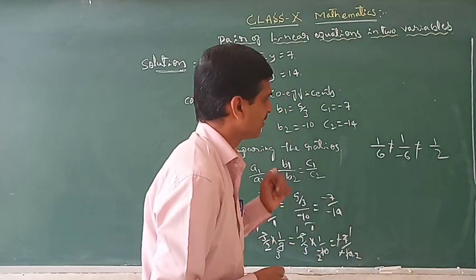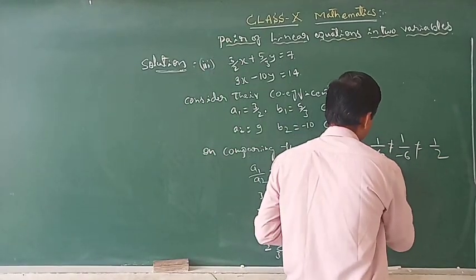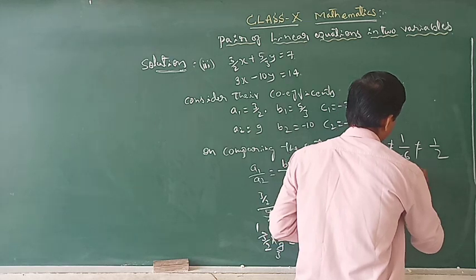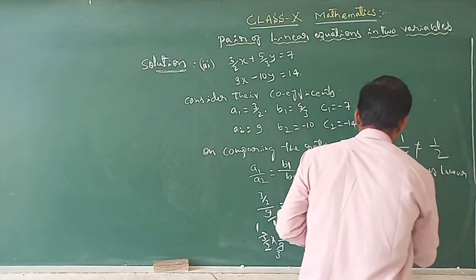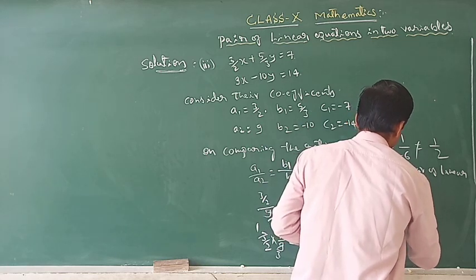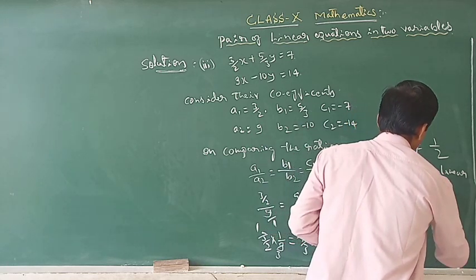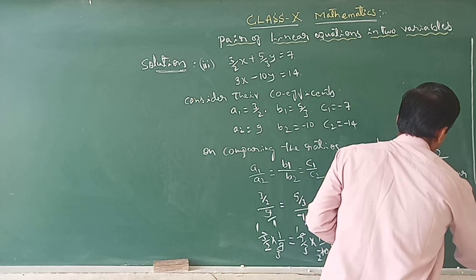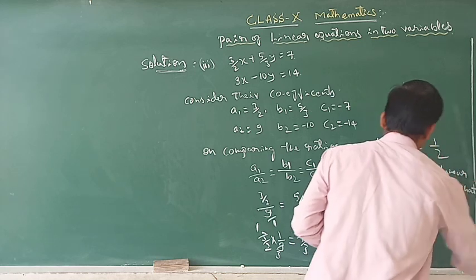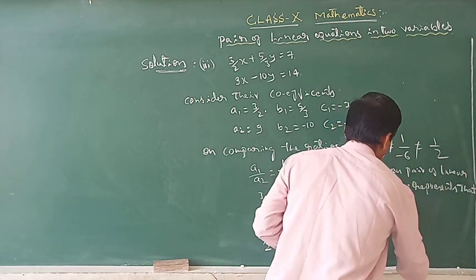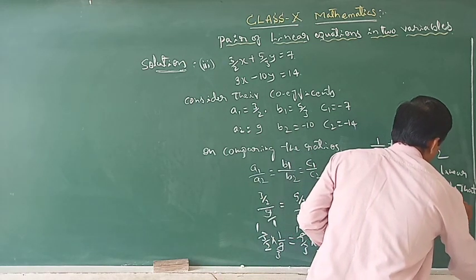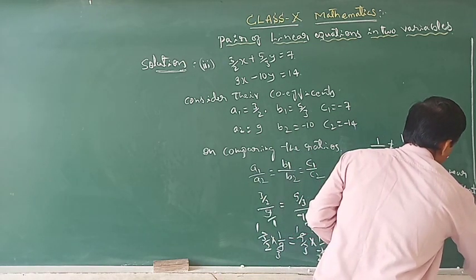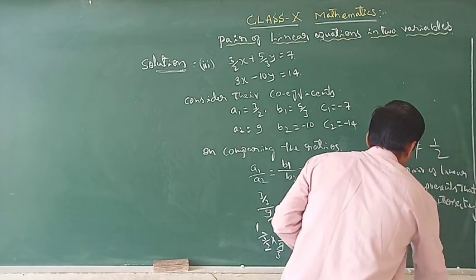It shows us again that the given pair of linear equations represents lines that are intersecting at one point.